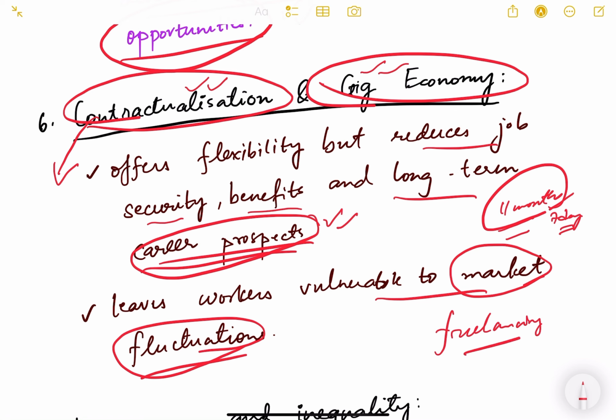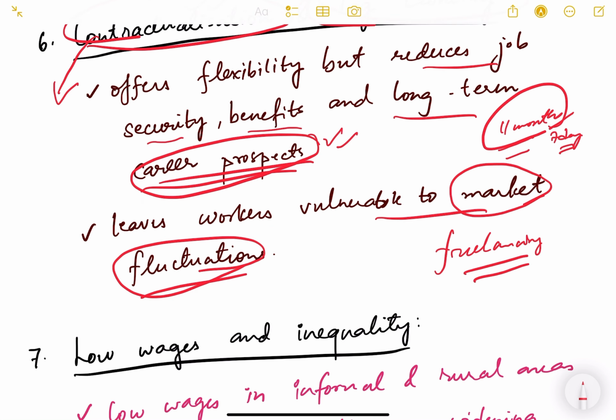So freelancing is another example of gig economy, whereby people obtain one project from say some company, they work on that project, and then maybe after that they are not connected to that company or that particular kind of job that is given to them. So gig economy basically offers flexibility to the people, and they also have independence, but then there is no job security.